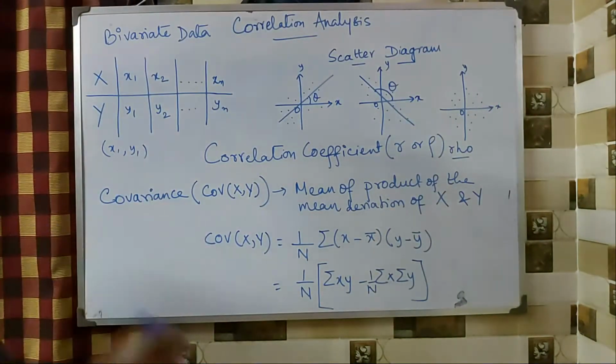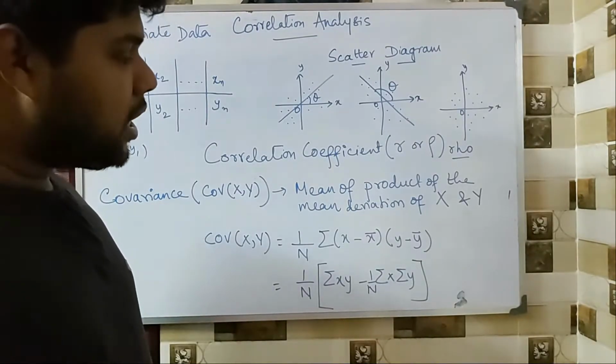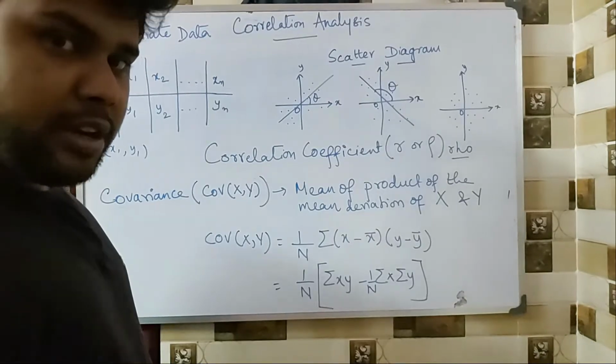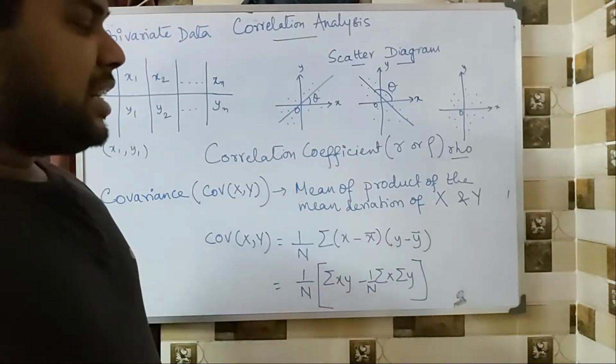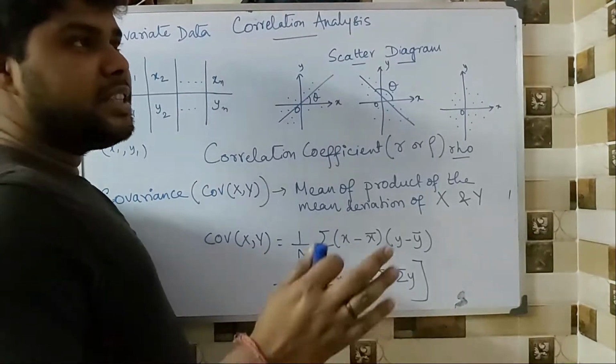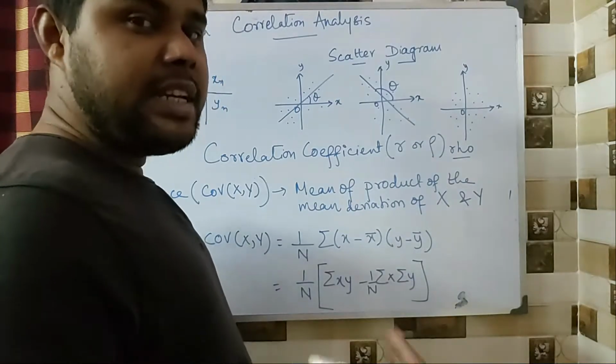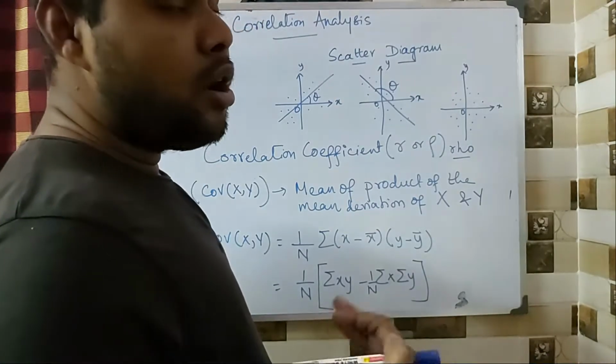Now, we have already done mean deviation in the statistics part, that is the compulsory part. So if you just follow from there, you will remember what is mean deviation. All we require to do is find the mean, subtract it from all the data values, take the sum of it and then divide it by the total number of observations.